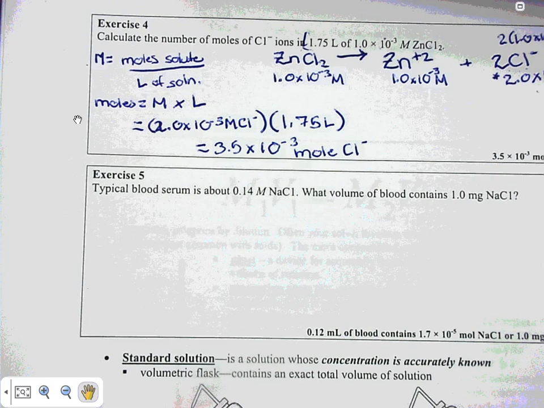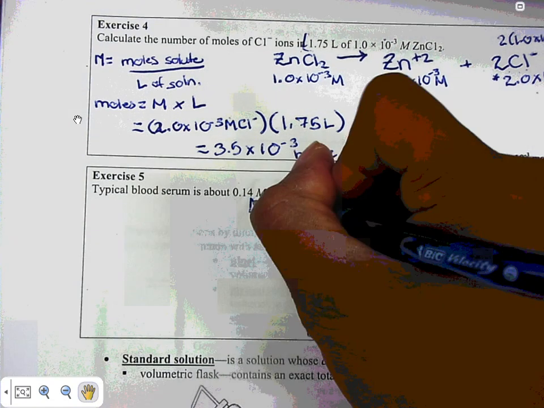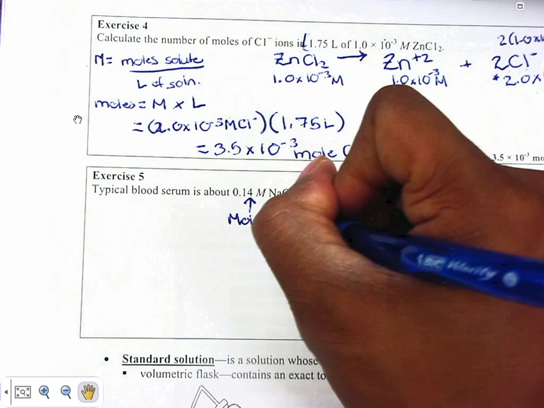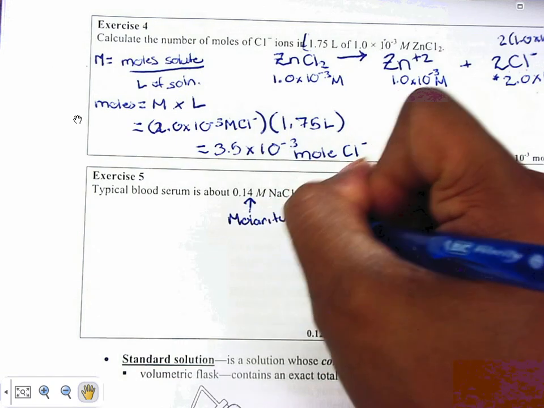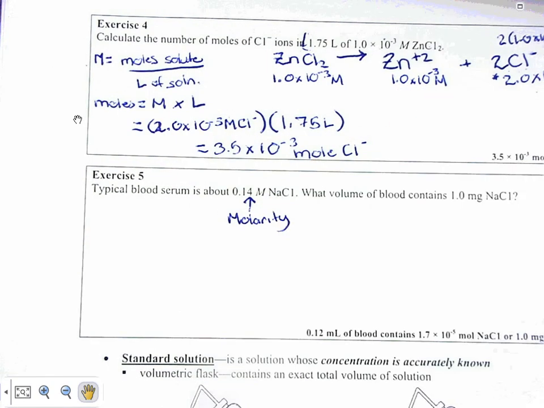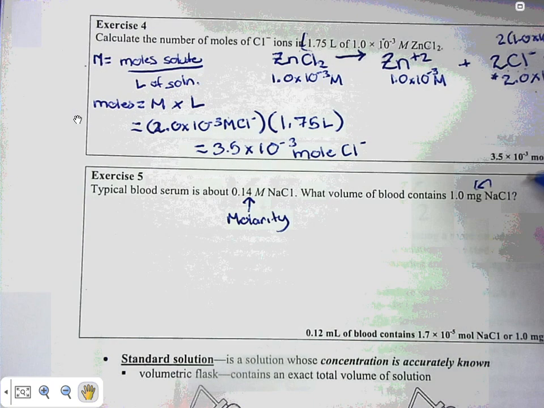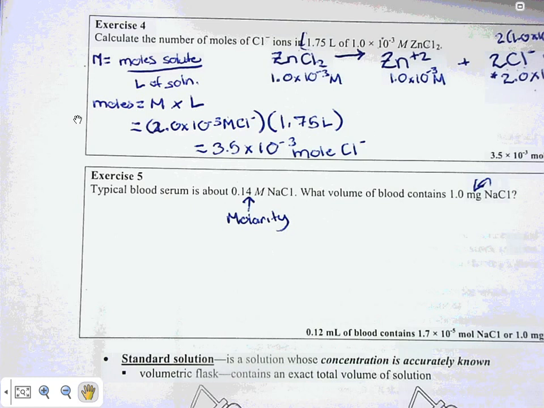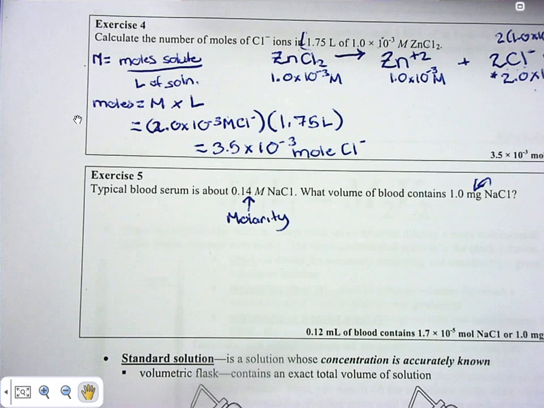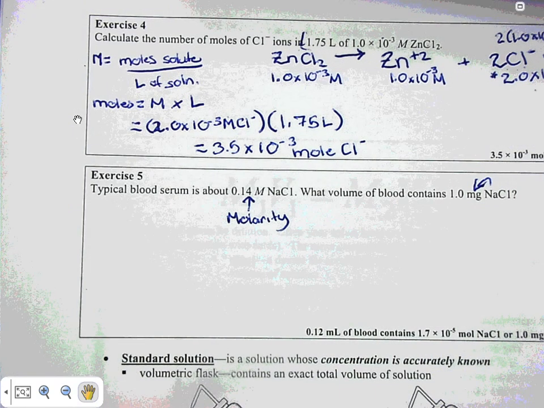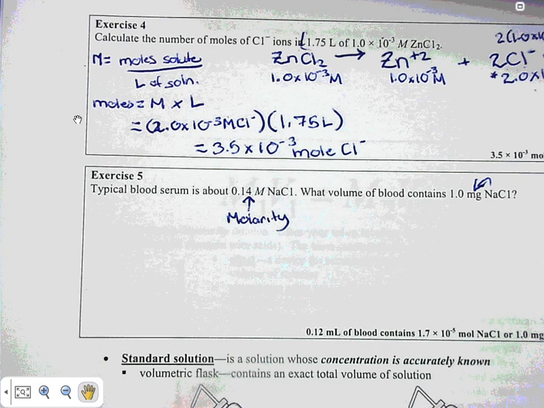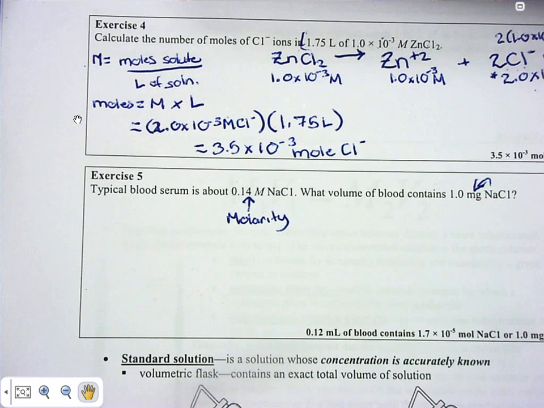Now, we have our molarity. That's our molarity there. We have our milligrams of sodium chloride. Now, I think I said grams earlier. It is milligrams. We can convert milligrams to moles of sodium chloride.